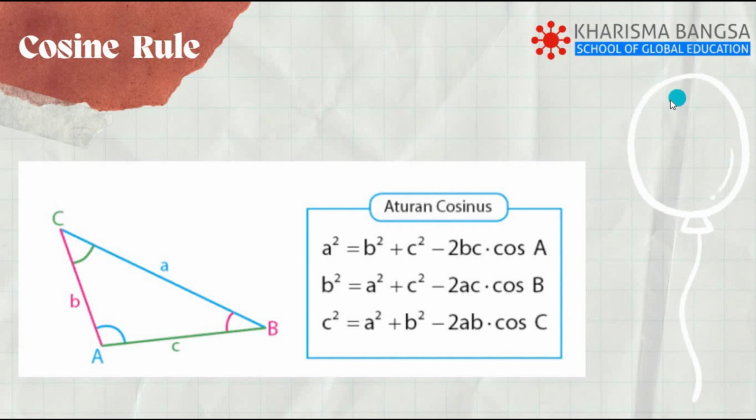So, the formulas are: a squared is equal to b squared plus c squared minus 2 times b times c times cos angle A, and b squared is equal to a squared plus c squared minus 2 times a times c times cos angle B, and c squared is equal to a squared plus b squared minus 2 times a times b times cos angle C.